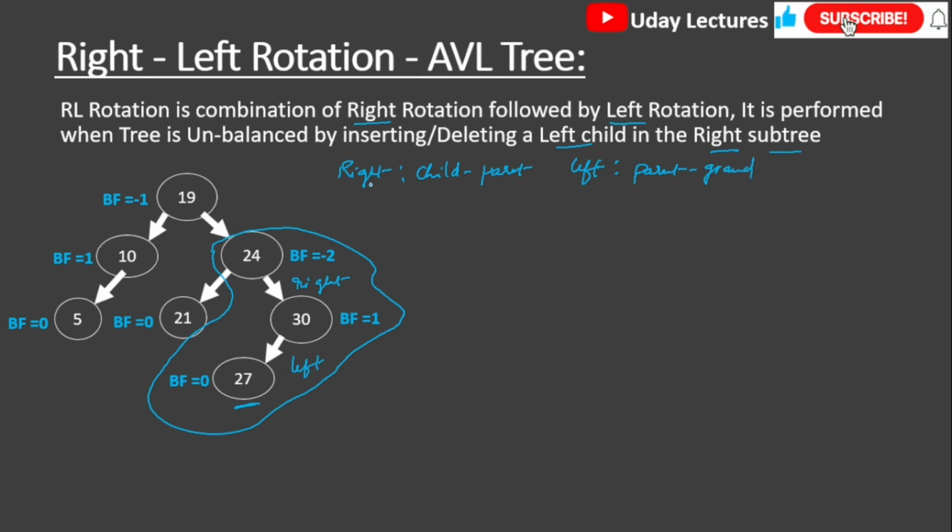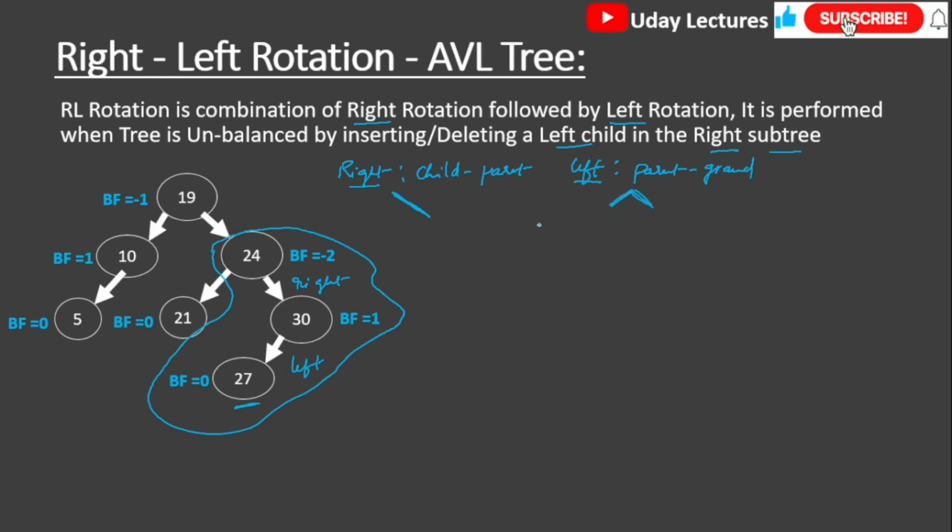After performing the right rotation, the grandparent, parent and child node should be aligned in this particular fashion. Then we perform the left rotation to get them into this structure.